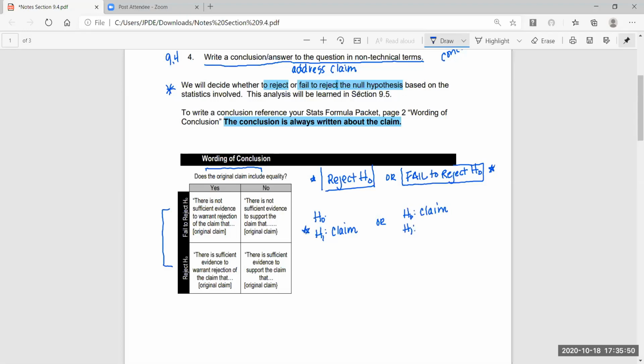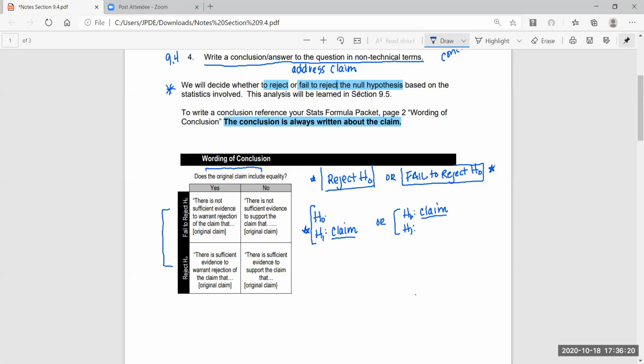This situation is more common because this is the only situation where you're able to support your claim. And you'll see this when we start looking at the wording. This situation can occur, but you'll notice the wording does not say support the claim. You can just reject it or not reject it. And I'll explain that in a little bit.